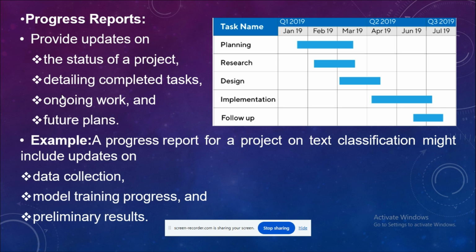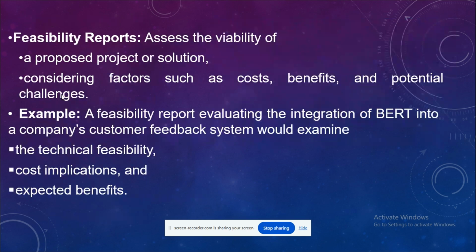It may be time, cost, or the working results, whatever it is; everything can be given in the progress report. And then we have feasibility reports. Normally, feasibility reports talk about the benefits of what we have achieved through the particular project, the cost orientation, the applications of the project, and the potential challenges you have faced during the project findings.